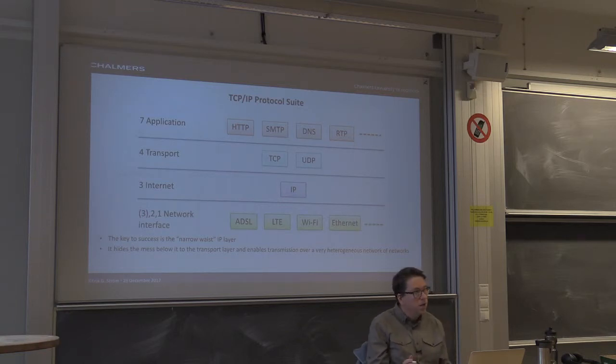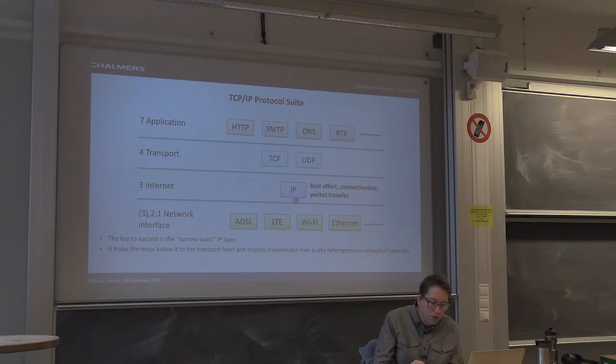But the key to success, why the internet model has been so successful, is the IP layer that does all the heavy work in hiding all the particular properties of the underlying networks, handles all of those, and presents a unified interface to TCP and UDP, which is basically to transmit packets over an internet, a network of networks. So the key to success here is the IP layer, I would say. And it hides the mess for TCP and UDP.